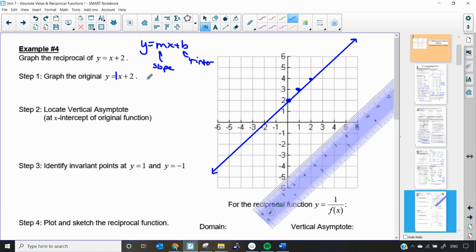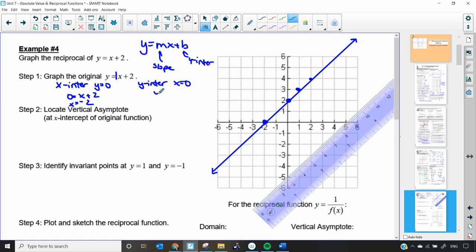Now, if you didn't know how to draw that using your y equals mx plus b, you could also find your x-intercept and your y-intercept. And all you need is 2 points to graph a function. So my x-intercept happens at y equals 0. So I could plug in 0 equals x plus 2 and x equals negative 2. So we know that we have an x-intercept here at negative 2, and then our y-intercept happens at x equals 0.